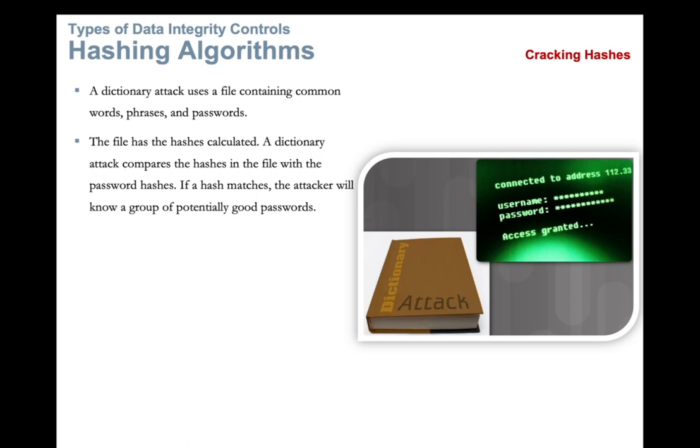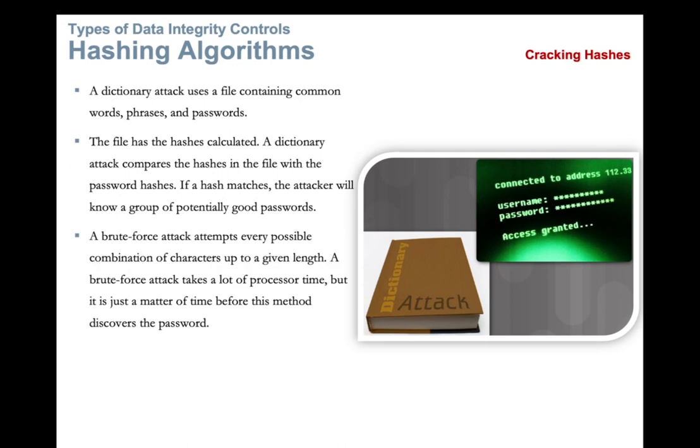A brute force attack attempts every possible combination of characters up to a given length. A brute force attack takes a lot of processor time, but it is just a matter of time before this method discovers the password.